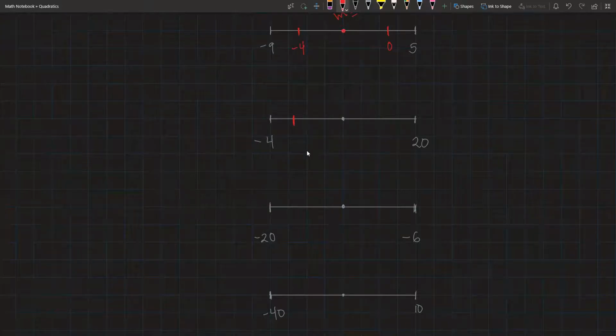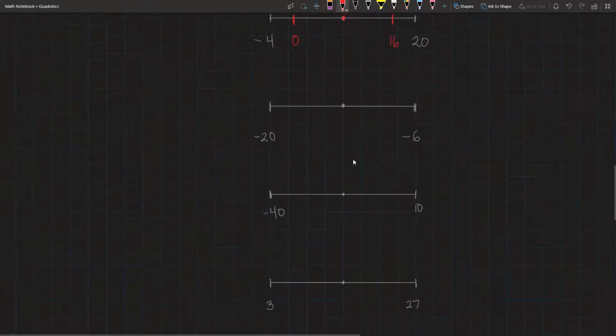I hope you can notice those differences. 0's right there. Removing 4 units from the left means we have to remove 4 units from the right. And what is the new number associated with 0 now? It is 16. So that means that our new easy problem has a midpoint of 8. And hopefully you can see how to do that really quickly once you identify the 0 and 16.